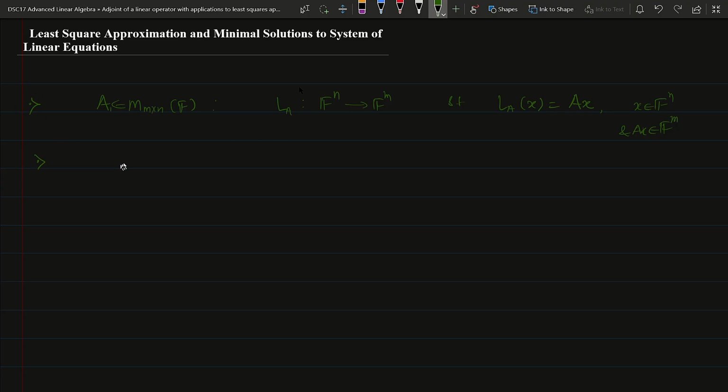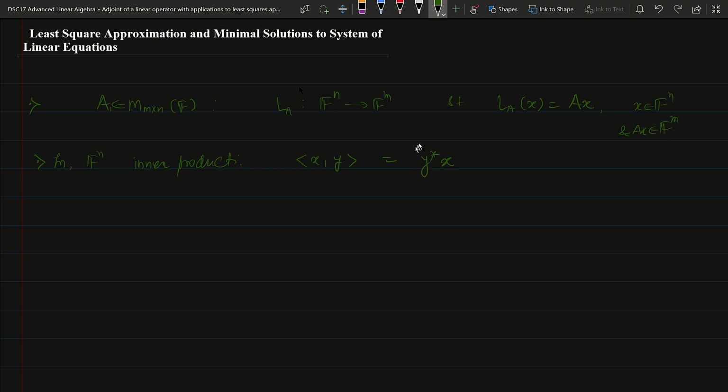Then you have a second concept about the inner product in Fn. In Fn we have always defined the inner product as follows: x comma y is equal to y star x.